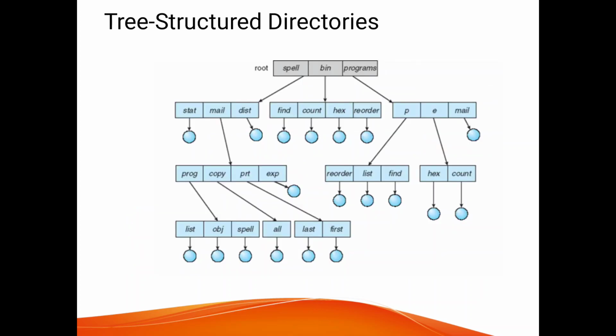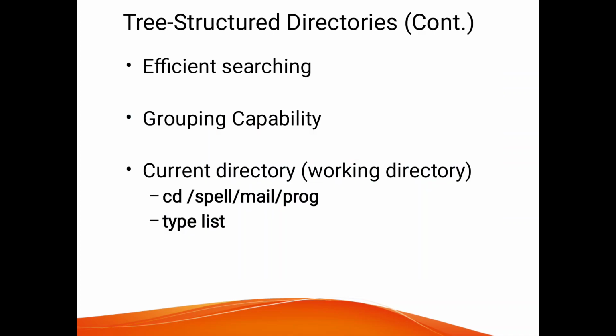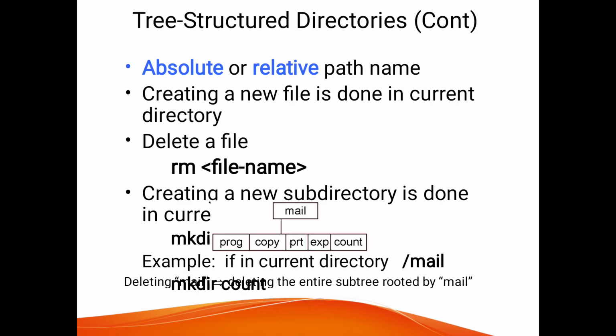So in the tree structured directories, efficient searching and grouping capabilities can be performed, with a current directory. With absolute or relative path names, creating a new file is done in the current directory. Delete a file by rm, then creating a new subdirectory is done in the current location.